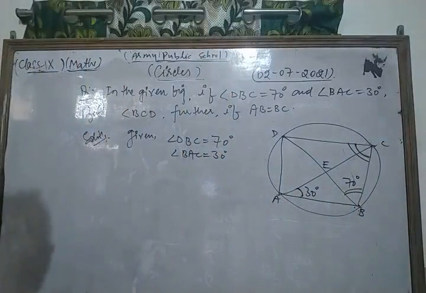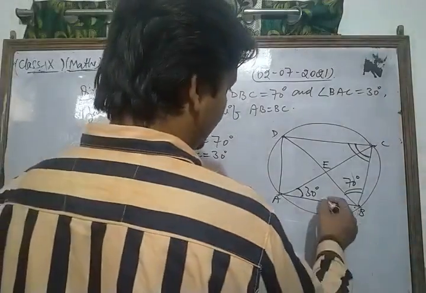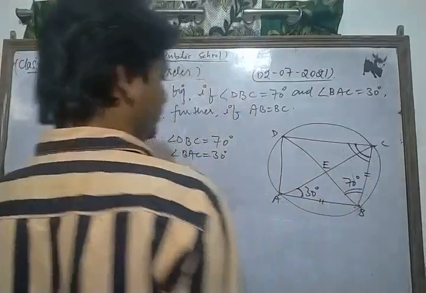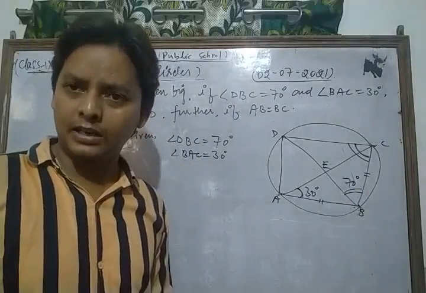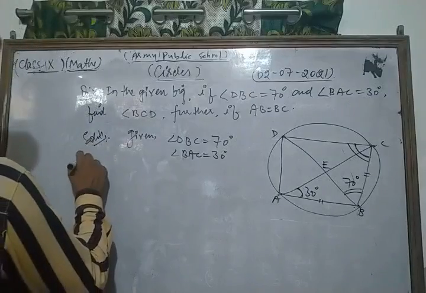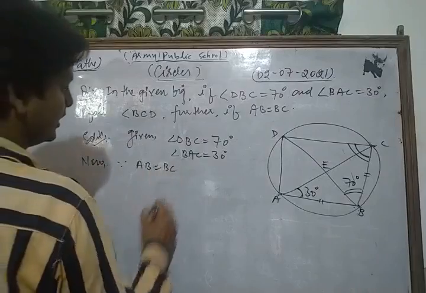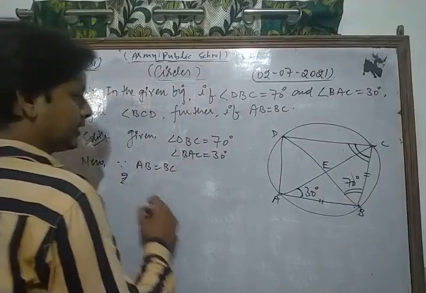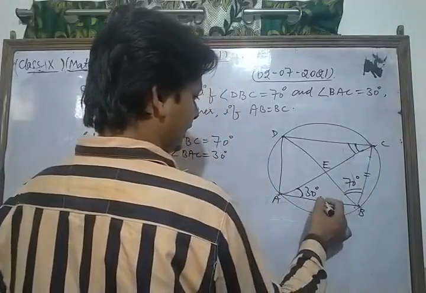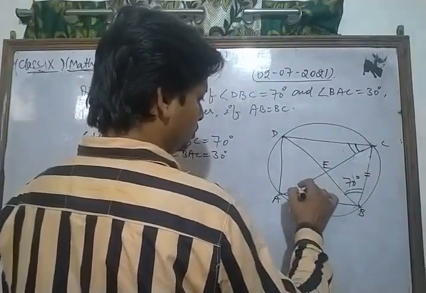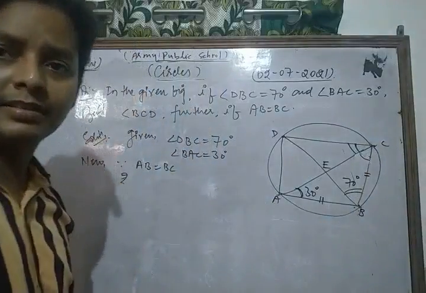Now look, it is given that AB is equal to BC. Dear students, if AB is equal to BC, then you know that the angles opposite to equal sides are also equal. So since AB is equal to BC, angle BCA is the same as angle BAC, because angles opposite to equal sides are equal.